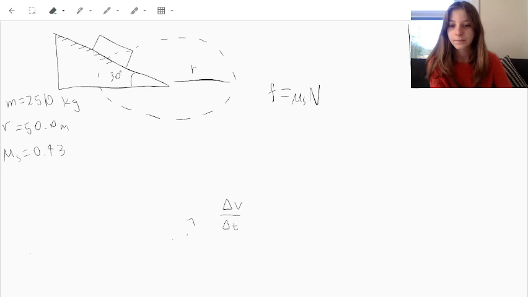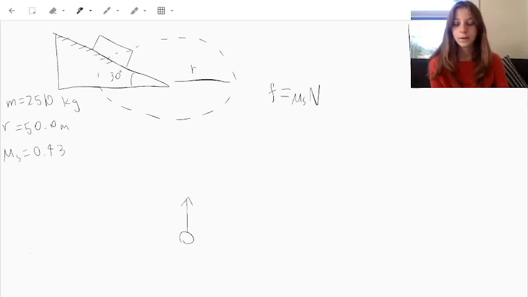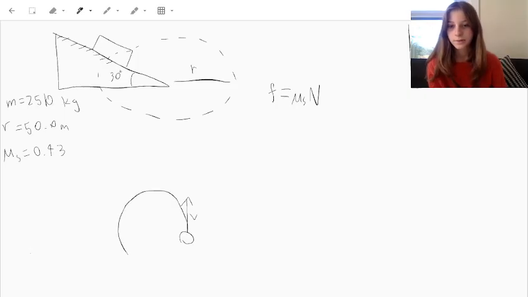So let's look at a particle moving in a circle. It's got a certain velocity, but it's moving along some circle. If the particle is over here, its velocity is going to be like that.